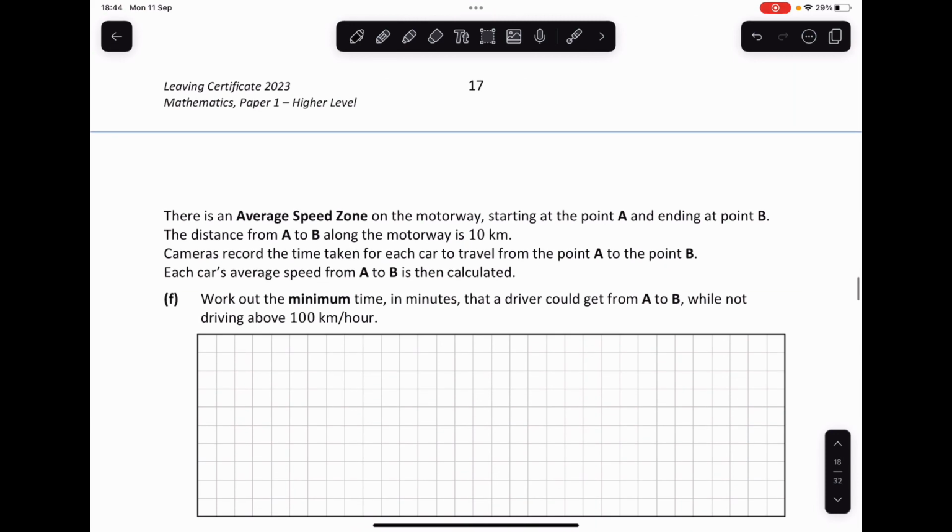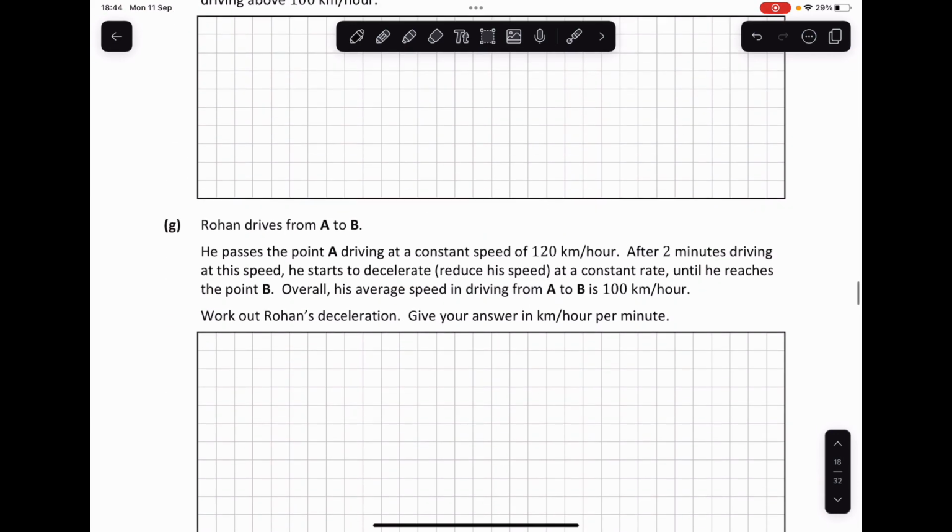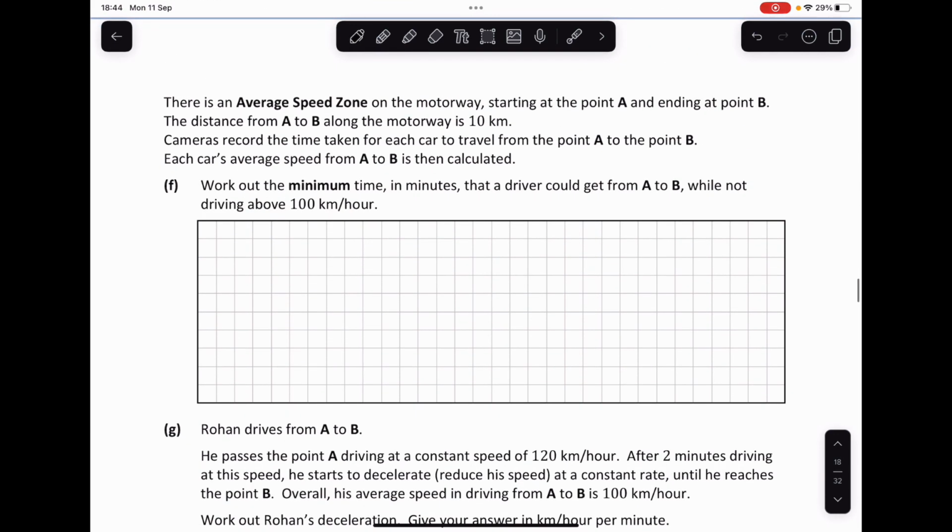Okay, there's an average speed zone on the motorway, starting at point A and ending at point B. The distance between A and B is 10 kilometers. Cameras record the time taken for each car to travel from point A to point B. Each car's average speed from A to B is then calculated.